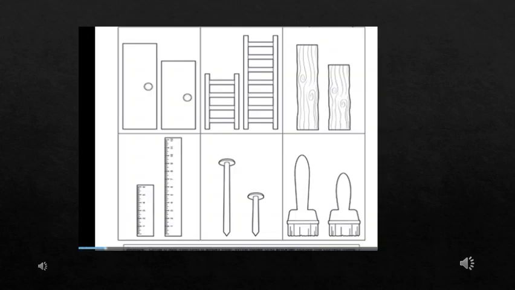Here's a short activity that we're going to do. We'll use the color red for the tall objects, and we'll use the color blue for the short objects. Look at all of the objects.